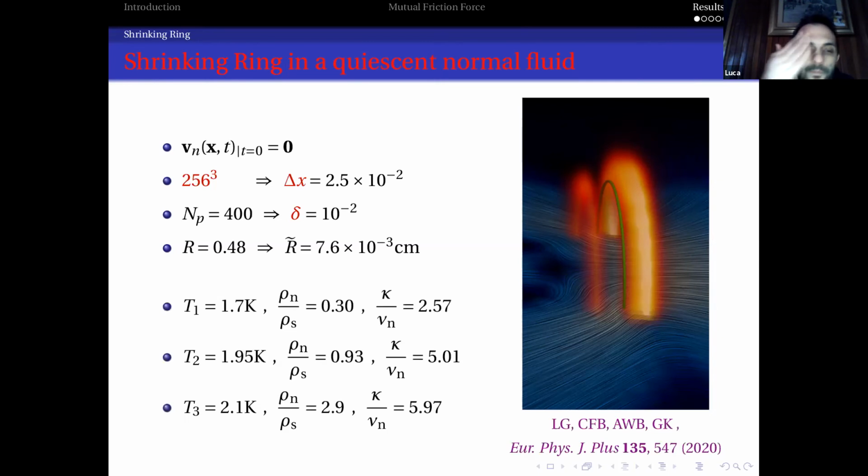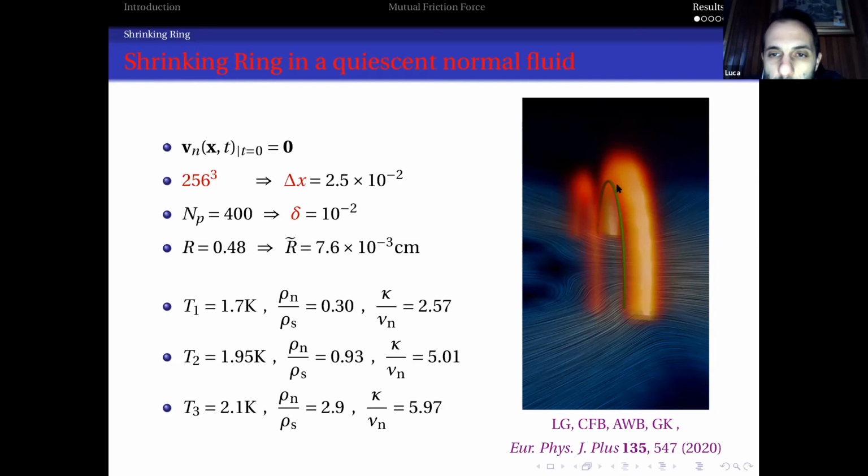We investigated 3 different temperatures, where we have a wide range of variation of the normal fluid density to superfluid density. The first thing we investigated was whether we could recover the triple vortex ring observed in the early 2000s by Kivotides, Barenghi, and collaborators. And in fact, the answer is yes.